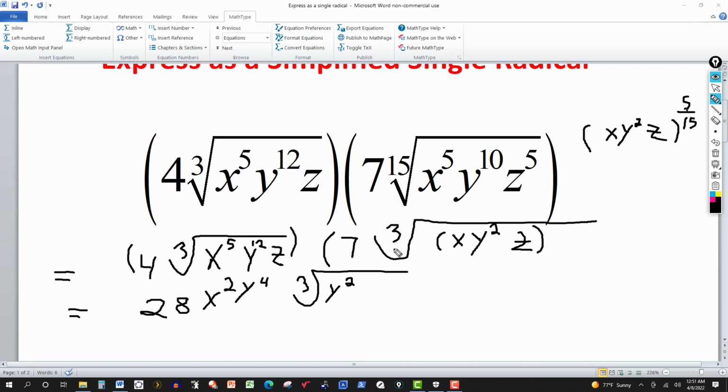And then this z and this z multiplied to give me z squared. So we come out with the solution to this as 28 x squared y to the 4th, that's the coefficient, and then we have the cube root, and under the radical we have y squared z squared.